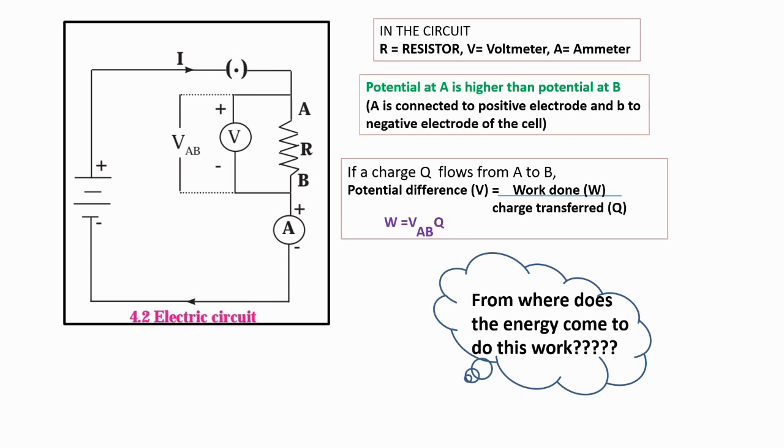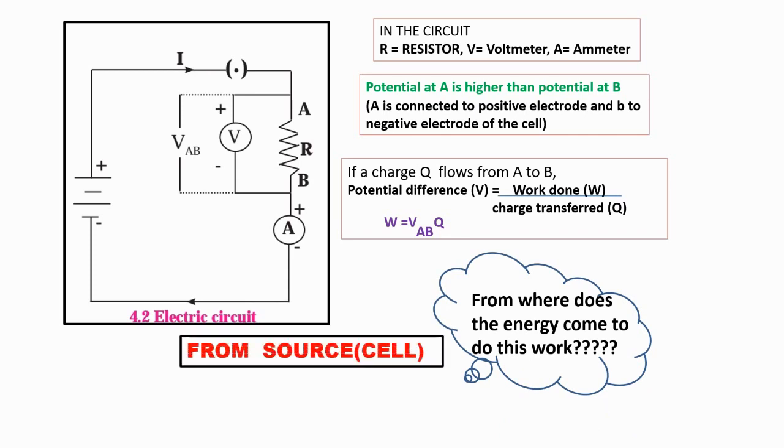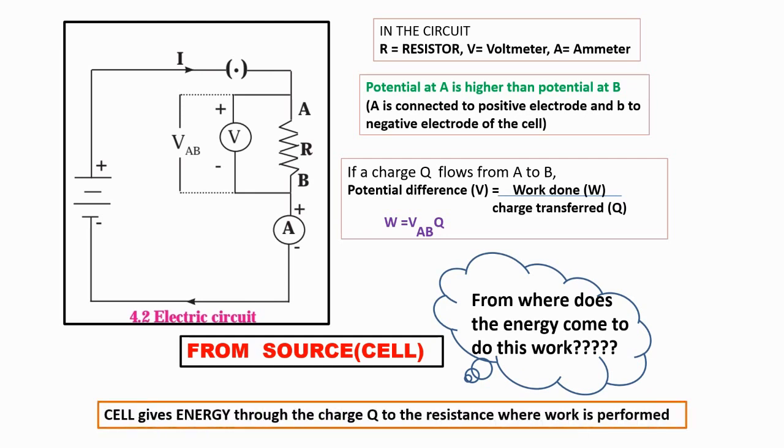But from where does the energy come to do this work? It comes from the source, that is the battery. The cell gives the energy to the charge, and with the help of this energy, the charge performs work across the resistor. Hence the cell gives energy through the charge to the resistance where the work is performed.